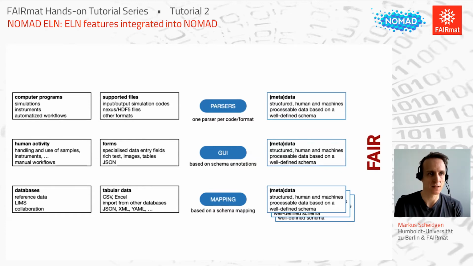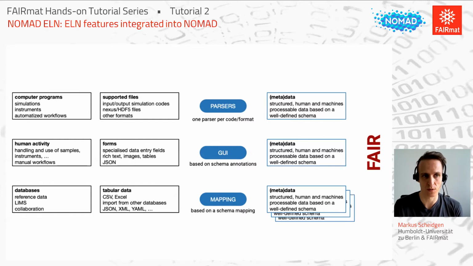Yeah, so that's the first idea, right? You have something that already produces structured data, and these data come in file formats that can be the output format of a simulation code, or it can be something like Nexus, for example, which is pretty popular in the experimental world. So it's already structured data, and if you want to put this into NOMAD, NOMAD has a chance of interpreting this data through parsing, right?